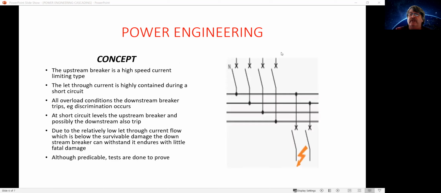The other thing, of course, is that when you have a look at those breakers that go through these high-level short circuits, the breaker downstream, although it has survived, as in it hasn't caused calamity and the danger to the operator is controlled and contained, is not in a real good state to continue life forever thereafter.